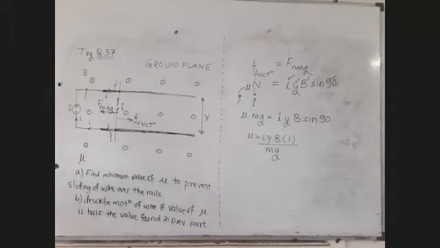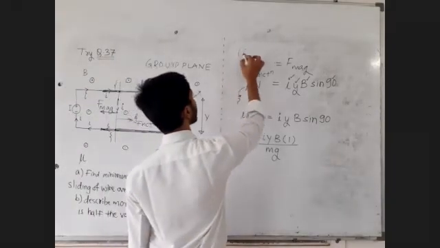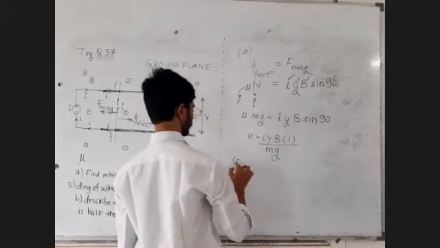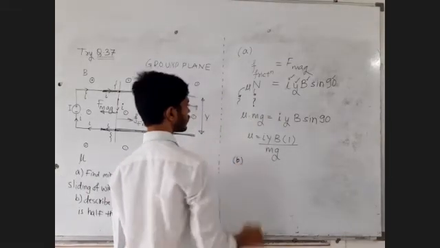If the value of mu is half the previous part, then describe the motion of the wire. This is bit A, bit number B.